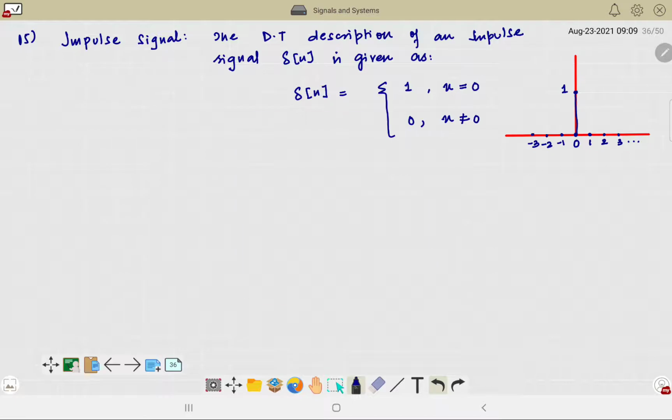But when we look at the counterpart definition, how we define an impulse signal in the continuous time domain, let me first write the description. So the continuous time version, in continuous time, the unit impulse is defined by a pair of equations.